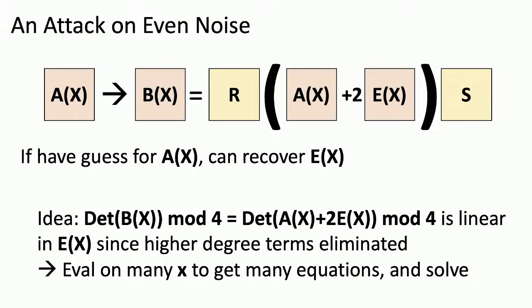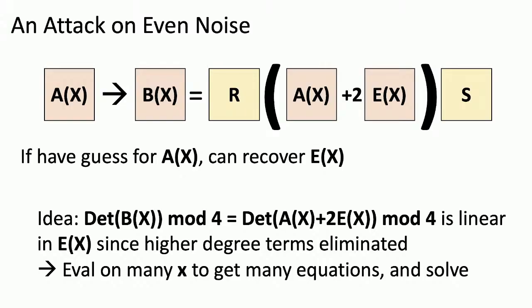And so if you can evaluate this determinant on many inputs and compute the value mod 4, what you actually get is a bunch of linear equations in E of X. Because the E has a 2 in it and you're looking mod 4, the equations are actually mod 2.